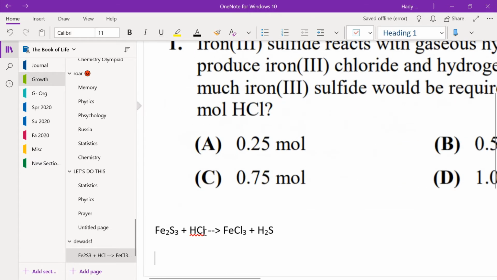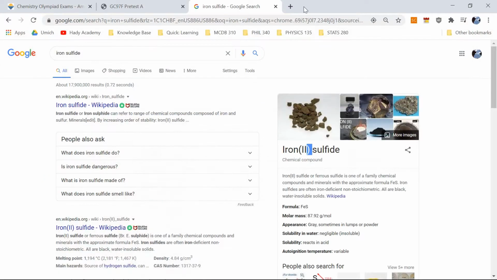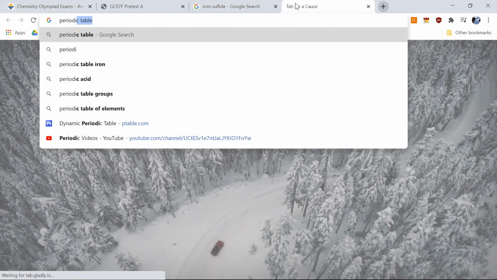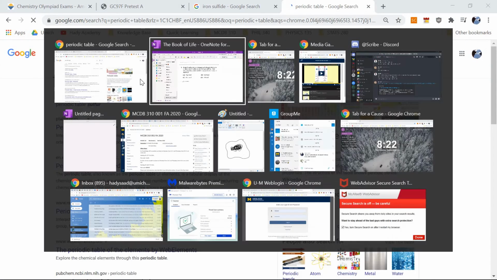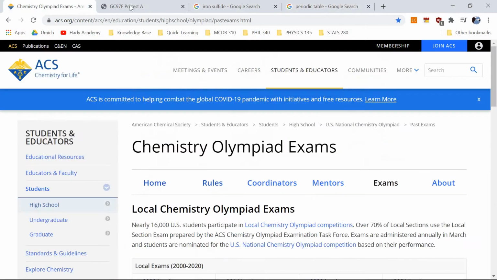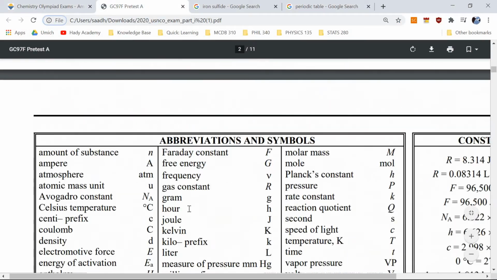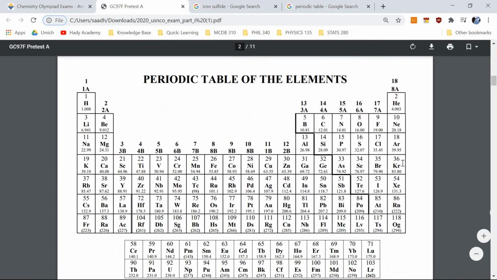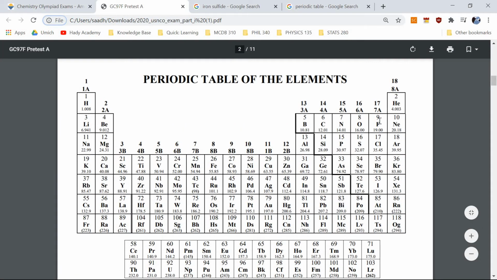And yeah, you just know chlorine accepts 1, and the way you know this essentially is, wait, it's already on the test. Just how far it is from here. So these will take 1, these will take 2, these will take 3. These will give 1, these will give 2, and these will give 3.